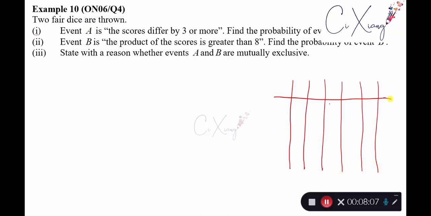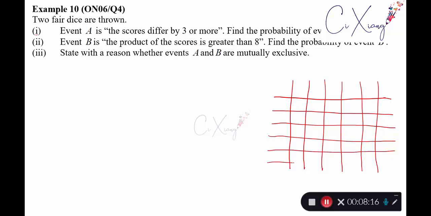So I'm going to draw the possibility space diagram out. From here, I have my first dice, with the outcomes 1, 2, 3, 4, 5, 6.